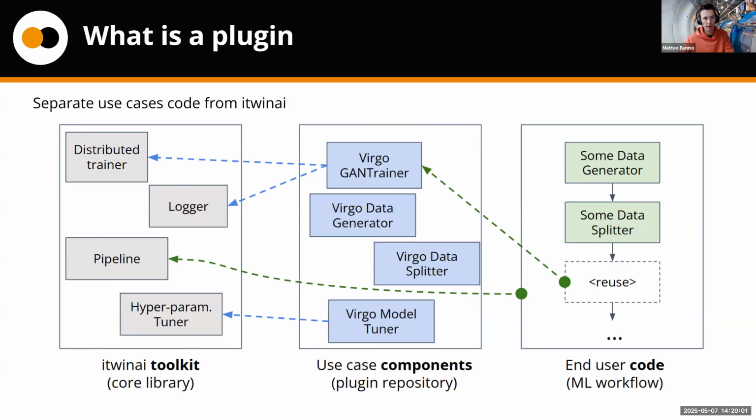But then third-party users, like external researchers, can also build on top of this ecosystem, reusing existing components from iTwin AI, from use case developers, but also developing some additional components on their own.